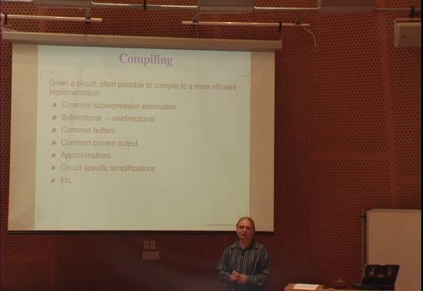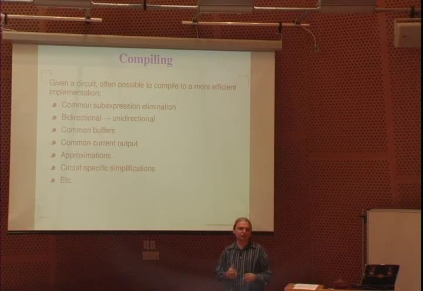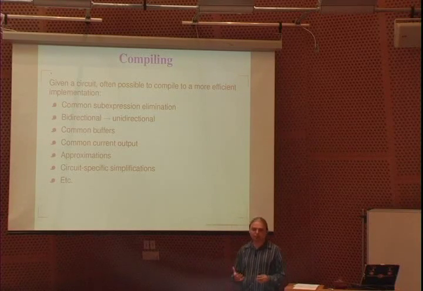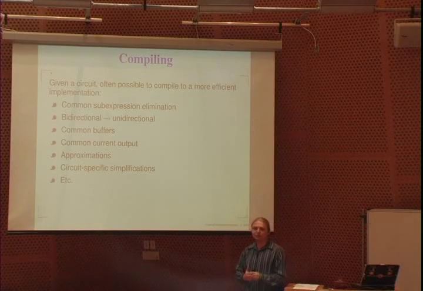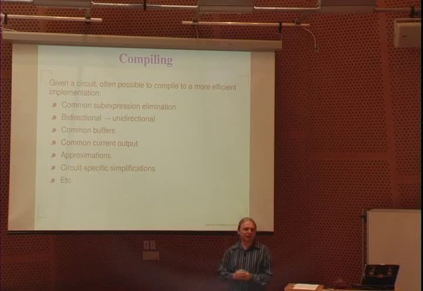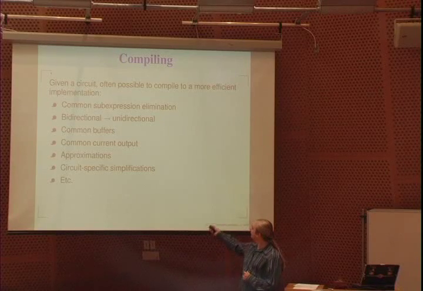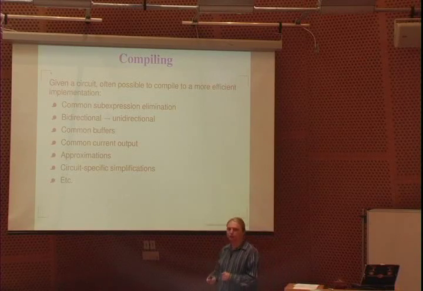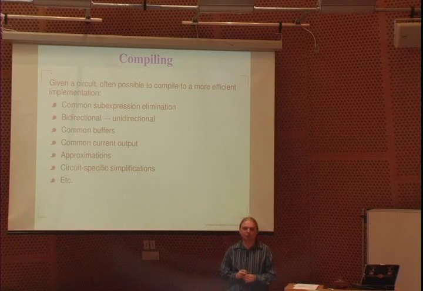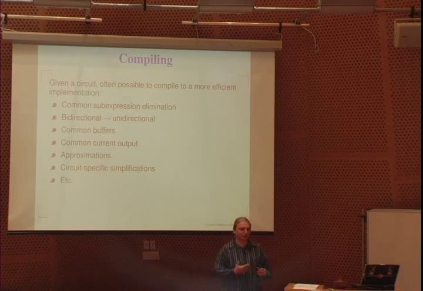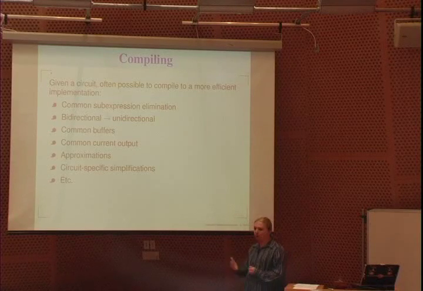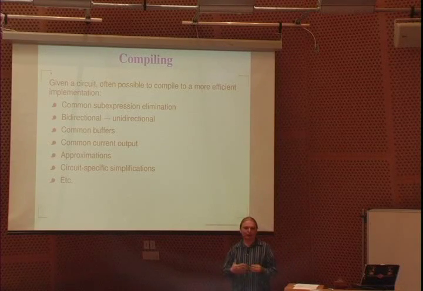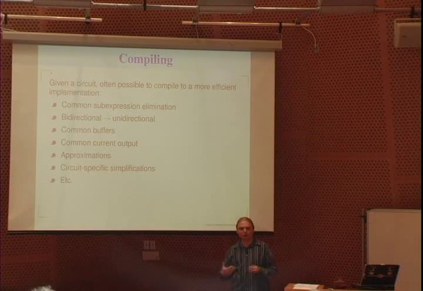So once we've designed a circuit under this methodology, it usually turns out that there's a lot of redundancy in the circuit. So if we have a couple of blocks, they're often computing the same functions, and you can do common sub-expression elimination. Many of the ports are known to be unidirectional, and you don't need to make a full bidirectional port. Very often these blocks will be monitoring the voltages around them, and will need a buffer to do that.